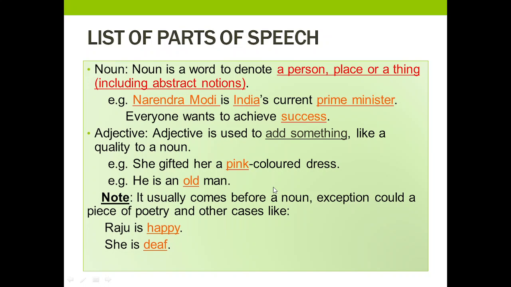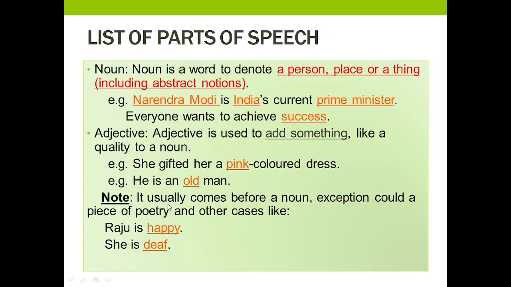Yes, like all topics of grammar, this has a tendency of having exceptions. So we do have an exception in this case also. You might have noticed this in a poem where noun comes first and adjective comes later.